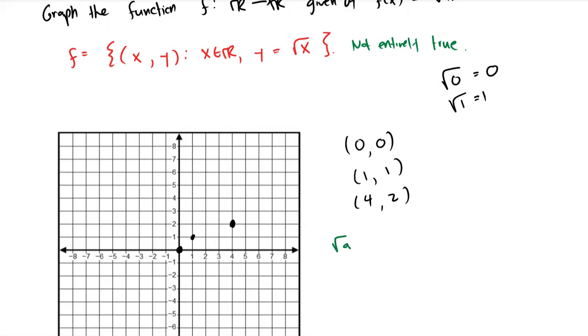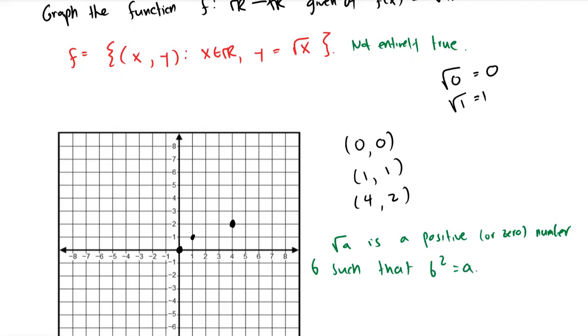So the square root of a number a is a number, let's call it b, such that, and we only work with positive, so let me say b is a positive number, or non-negative, so positive or 0, such that b squared equals a.